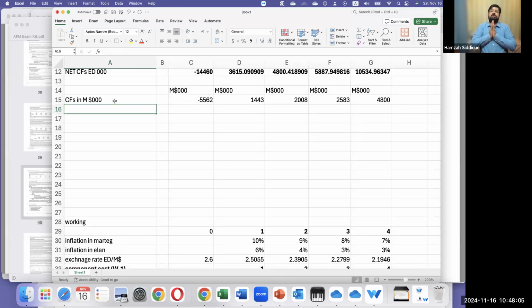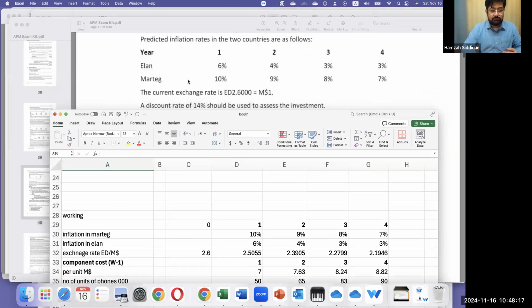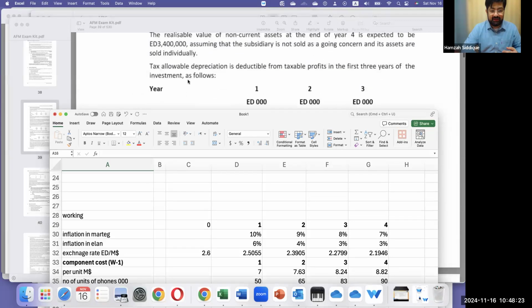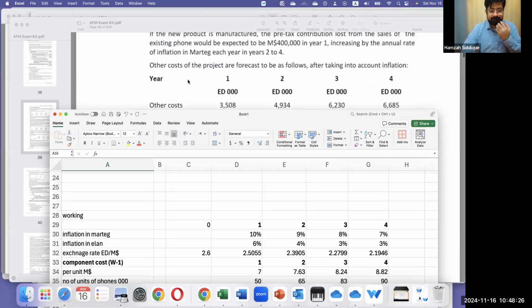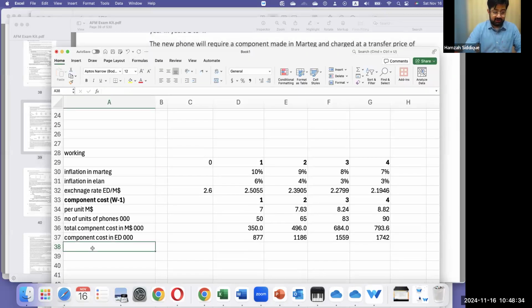Now, what are the additional adjustments? Component contribution, which they're selling. So just see here. The contribution on component they're selling is how much? They told us here. 35% pre-tax contribution. So I'll be calculating here contribution on component, working 2.